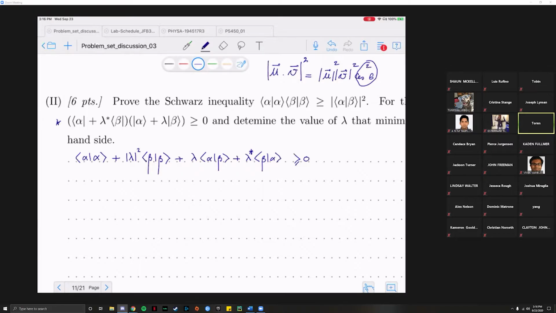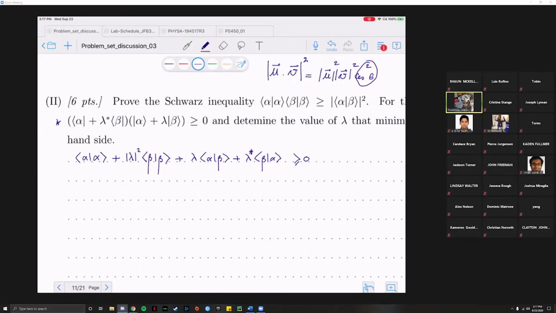I'm just not 100% sure how to differentiate with respect to lambda star. So yeah, because lambda is a complex number, right? And there are ways to take derivatives with respect to complex numbers. I find that a bit scary.